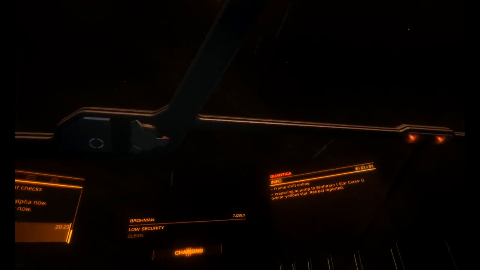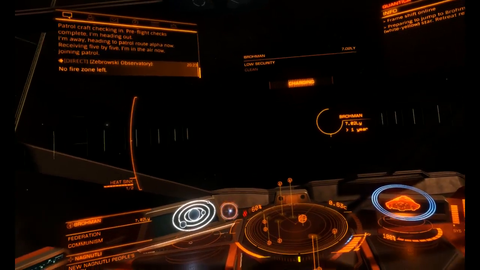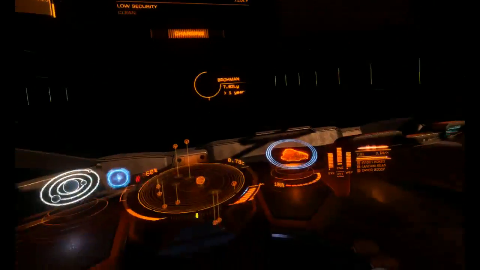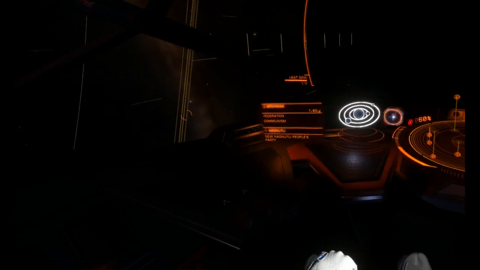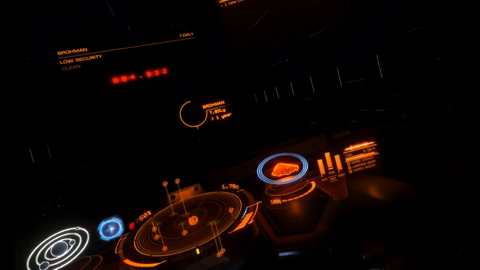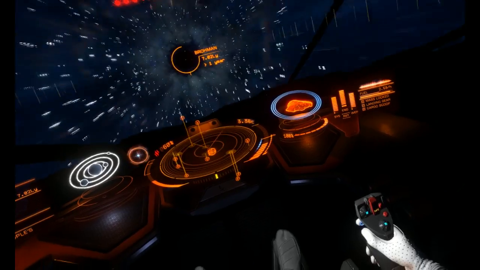Frameshift drive charging. Four, three, two, one, engage.